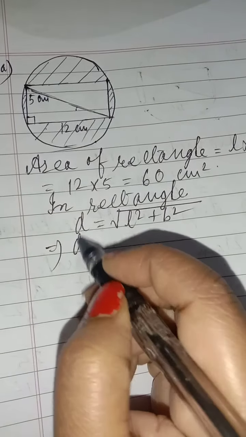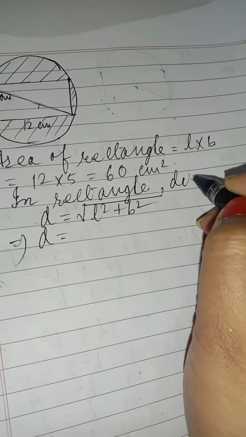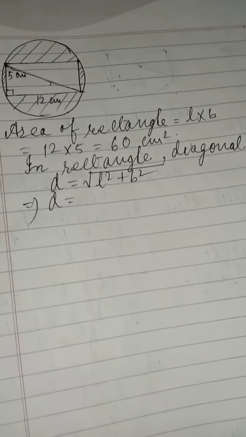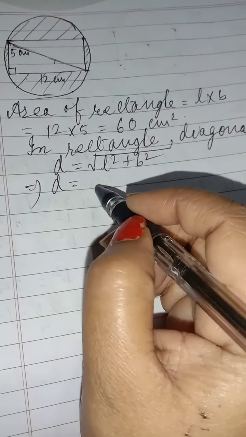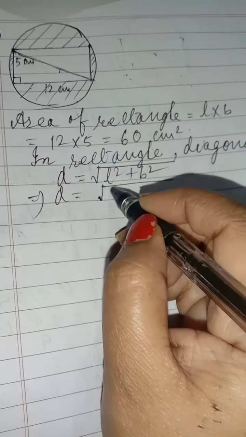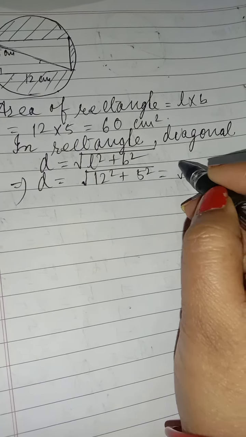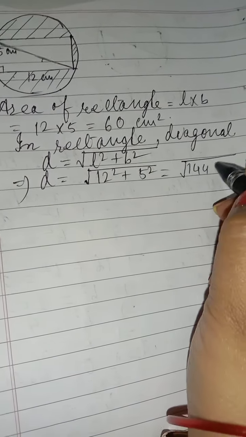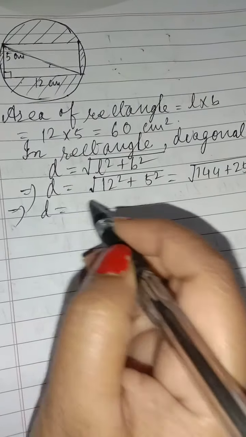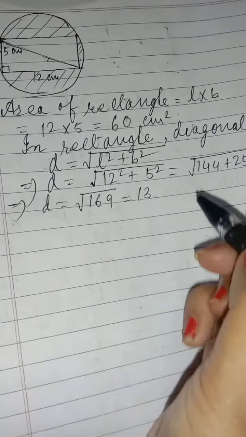So this implies d equals, for understanding I am writing diagonal d, root under L square plus b square. Now it's root under 12 square plus 5 square. 12 square means 144 and 5 square means 25. So d equals root under 169, that is 13.